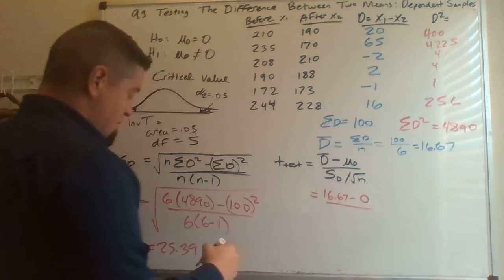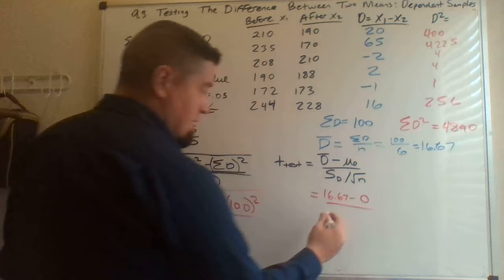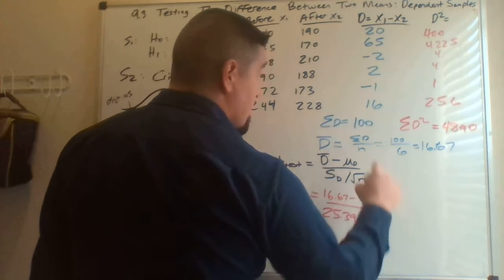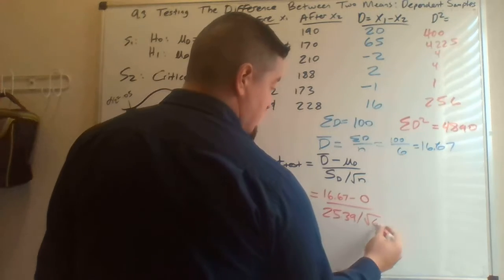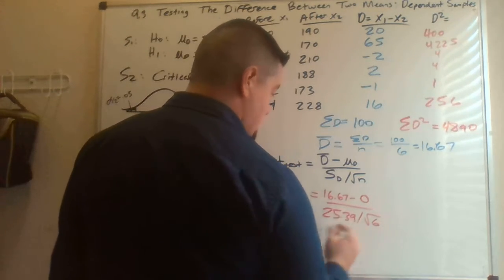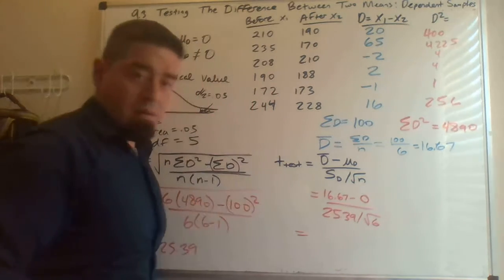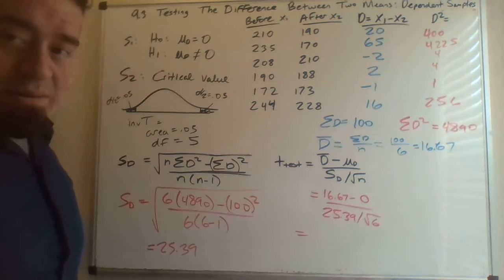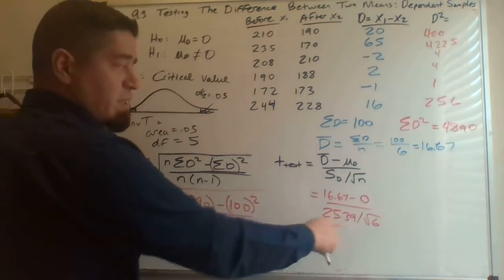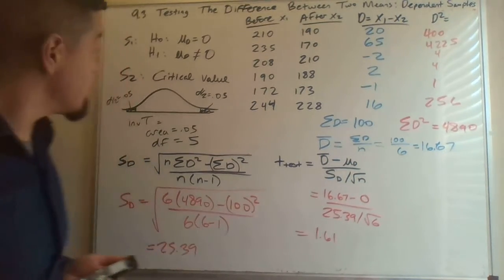Our standard deviation of our differences is 25.39, over the square root of how many are here, 6 in our sample size. And we end up with a calculation of... input into your calculator and you'll get something. So I ended up getting 1.61 as our t-test.